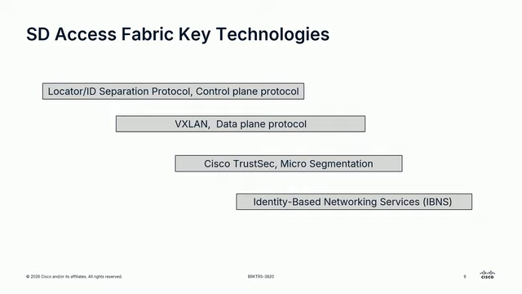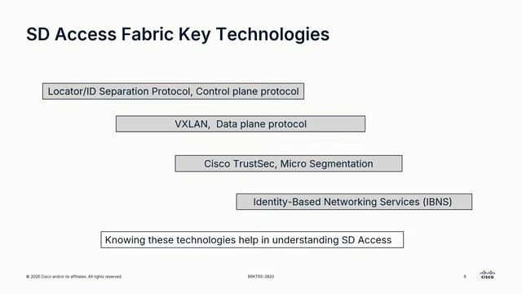So SD Access by itself is not a technology, but it uses these 4 technologies to build a fabric. If you start troubleshooting SD Access, obviously it's important to know these 4 components. By knowing them, it's much easier to troubleshoot, especially from the end user perspective. IBNS is something that you often will have problems with: .1x, MAB authentication, ISE, things like that.